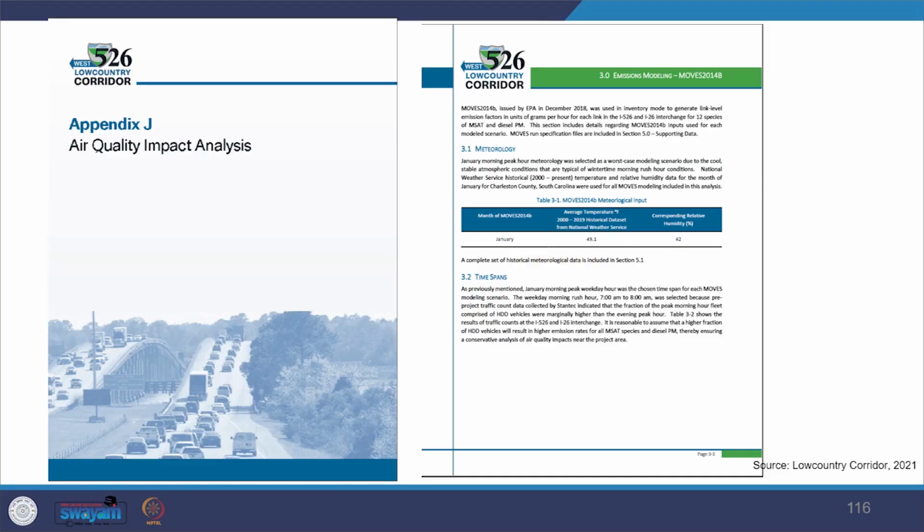Now looking at the case study, the link to the case study is given, so we'll briefly look into it. You're looking at the EIA of the Low Country Corridor West project in Charleston and North Charleston, South Carolina in the US.